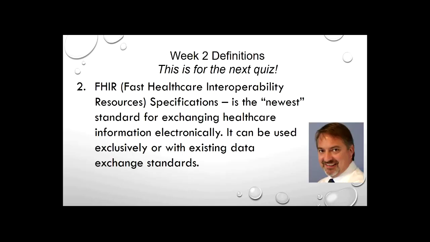The second definition is going to be FHIR, and that's the way it's pronounced. It's the Fast Healthcare Interoperability Resources Specification. This is essentially the newest version of HL7, and so it's just new, and it's starting to slowly become the standard in the industry.